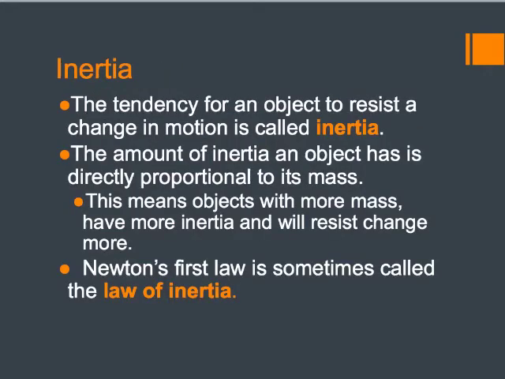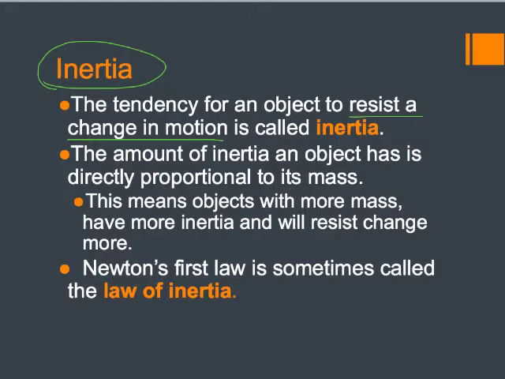A very key, important word related to Newton's first law is the word inertia. Inertia is defined as the tendency for an object to resist a change in motion. So inertia resists change in motion. Think about things that are hard to move, stuff that's really hard to stop, or things that are really hard to get going.